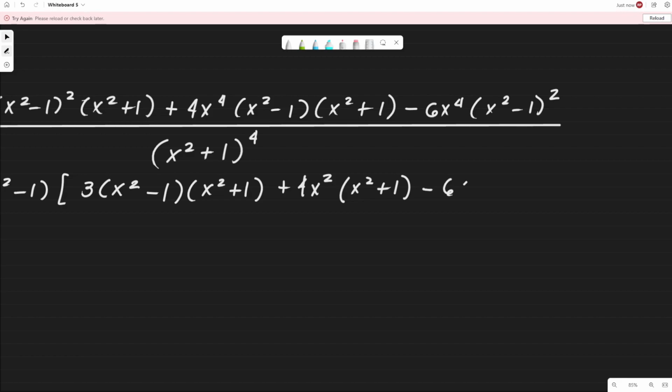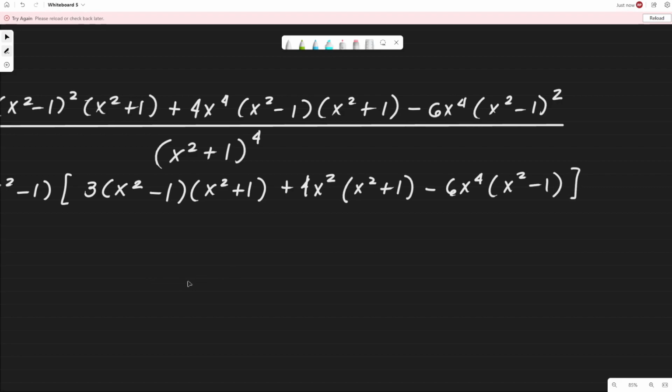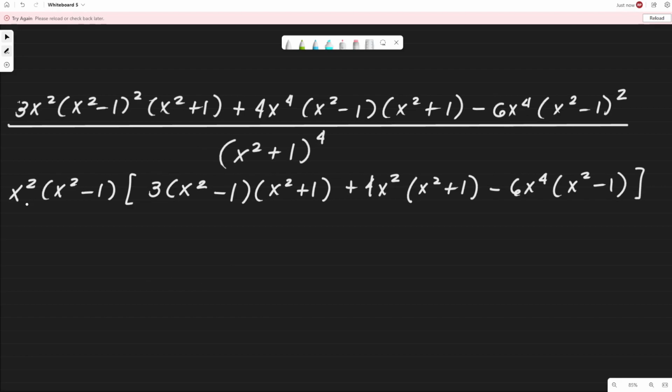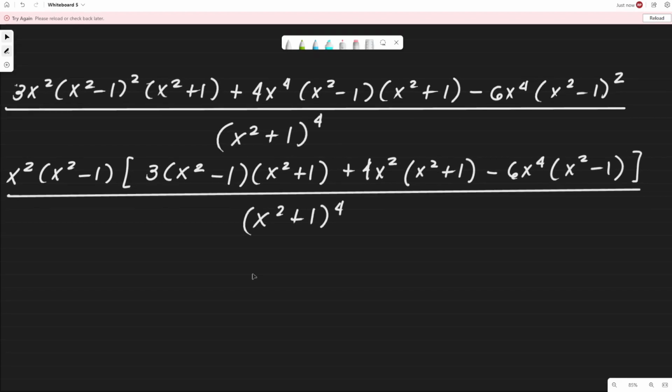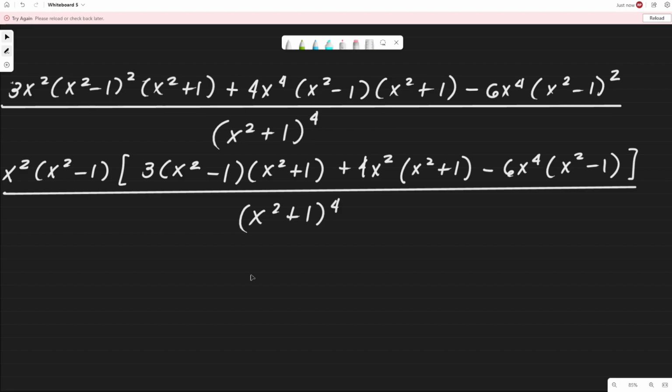Then minus 6x to the fourth times x squared minus 1. Ayan. All over x squared plus 1 raised to 4. So, simplify na lang natin yung nasa loob kasi this can be further simplified.